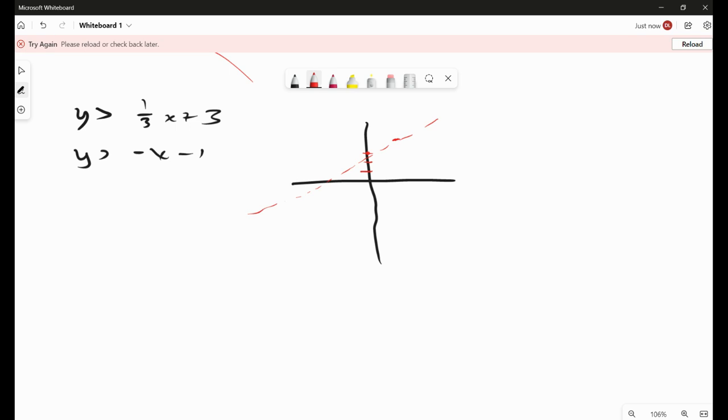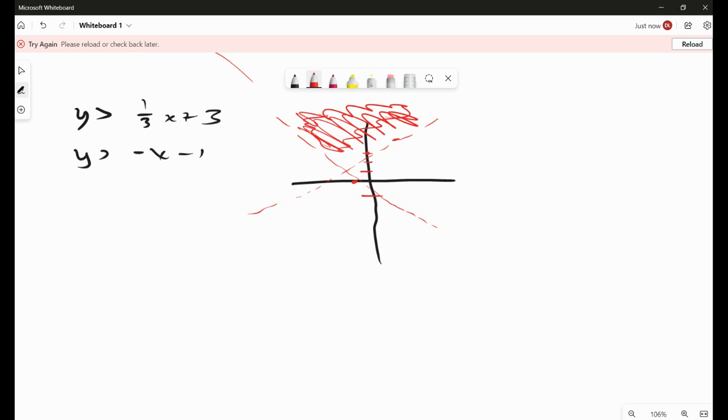And then I've got my negative 1 slope here. It's a slope of 1 to 1, so it's going to go like this. And then my graph is going to shade in above it like this.